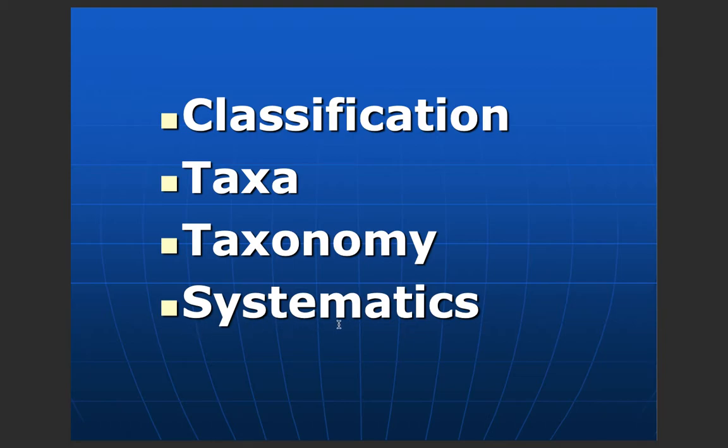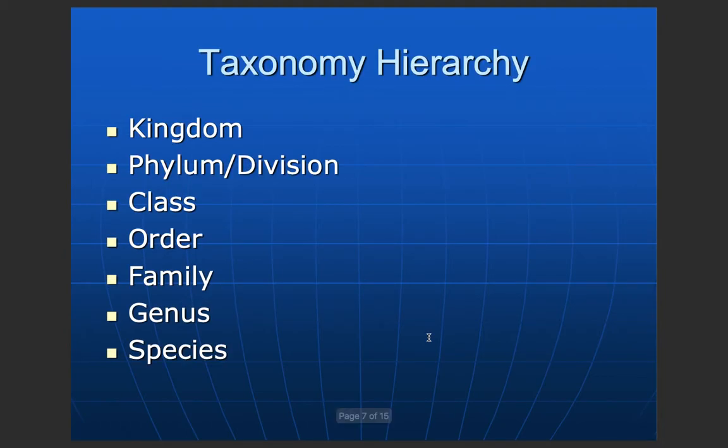And systematics is a branch of science in which we are systematically arranging all these taxa, or all the organisms, into different taxa in a taxonomical hierarchical way. Now, here is the word taxonomical hierarchy. Try to understand this word.